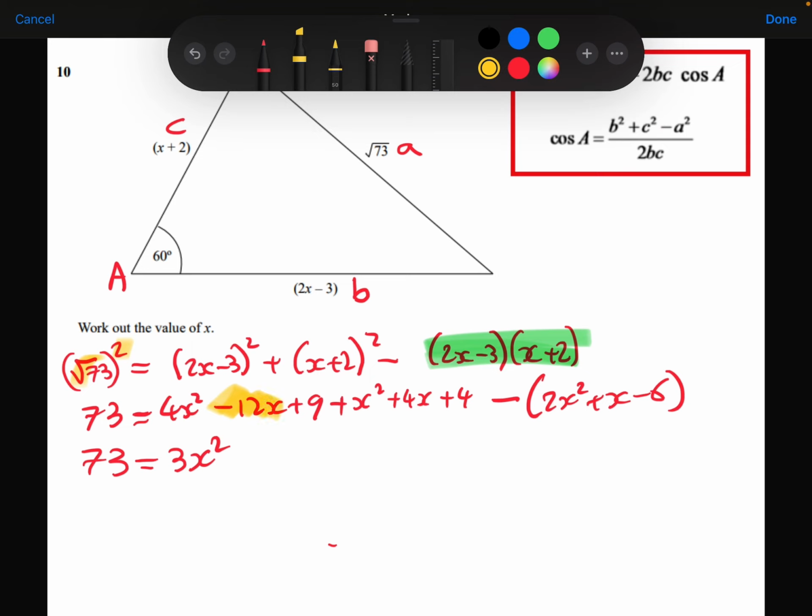Next, we've got minus 12x plus 4x, which is minus 8x, minus the x, so that's minus 9x. And then we've got the 9 plus 4 is 13, minus minus, so the minus minus there is going to be a plus. So 13 plus 6 is 19.